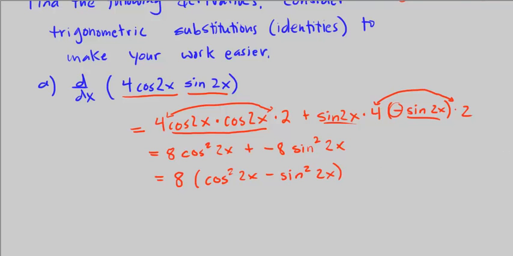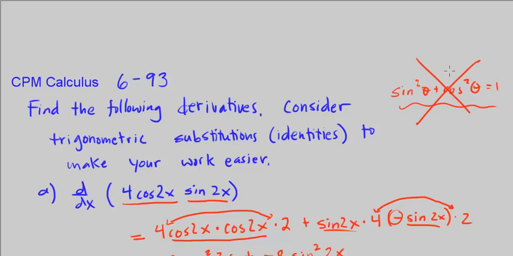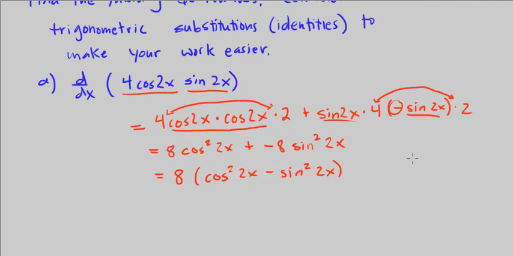Okay, this is not this identity, right? Here we have a plus, here we have a minus. But another identity, we have the double angle identity, if you remember. We have cosine of 2 theta is equal to cosine squared of theta minus sine squared of theta. And that looks like this, okay?